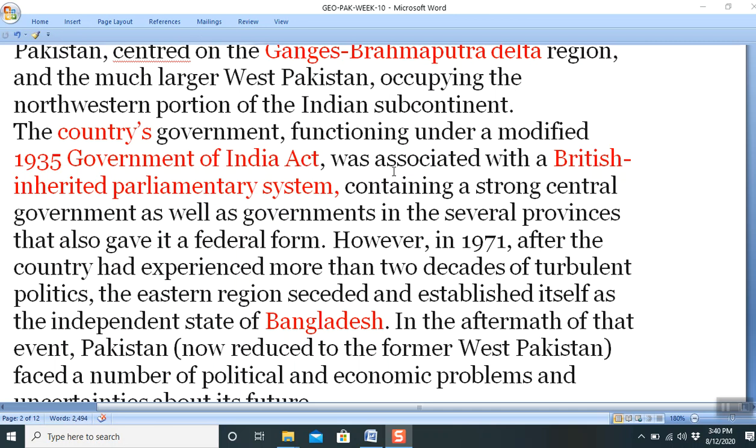But we cannot blame him alone, because it was the demand of the time. The situation was such that he was compelled.